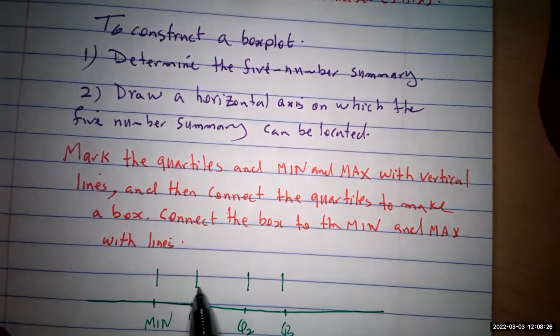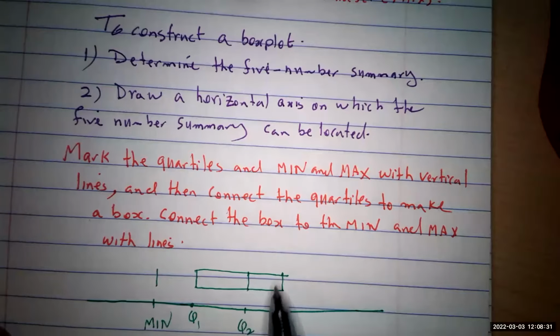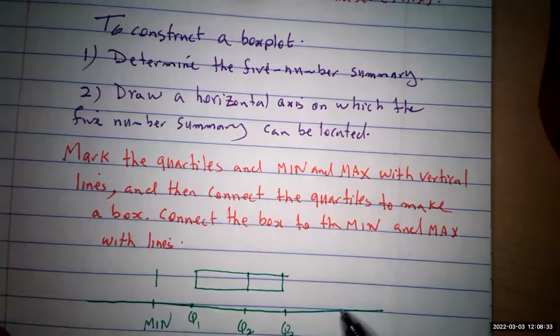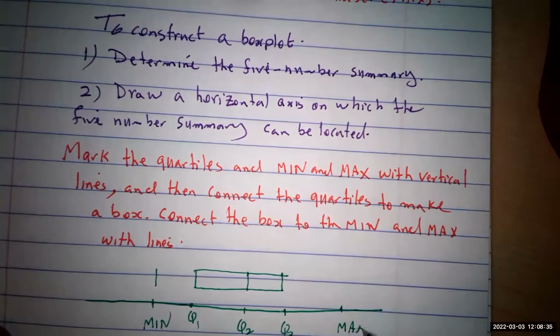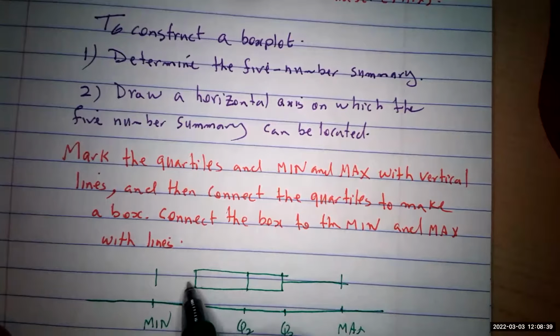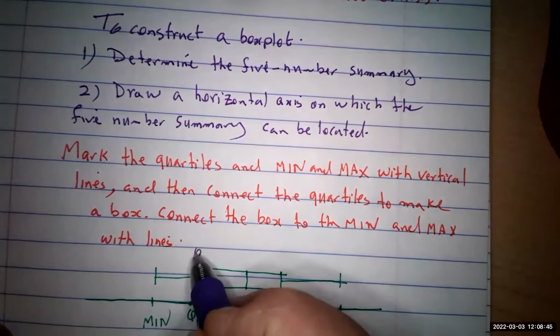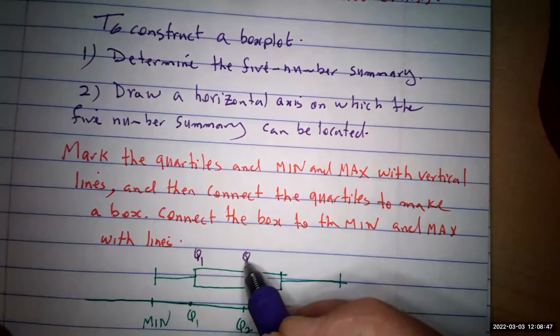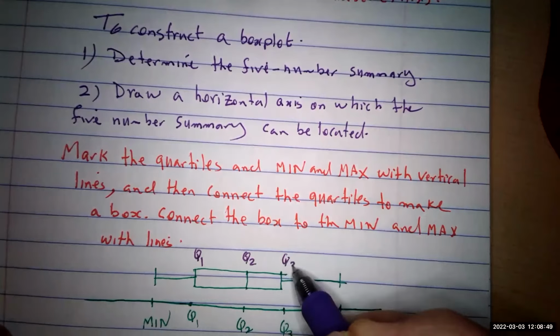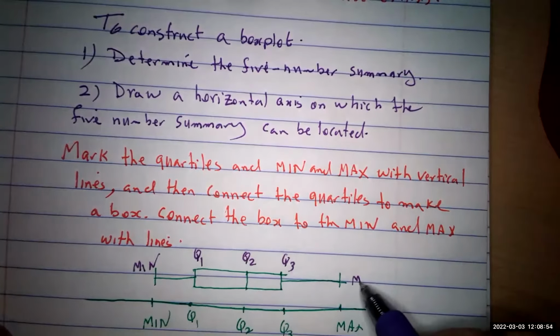So you are going to get the box by connecting these Q's together. And this is going to be your maximum. So you connect the box to the max and the min. There you are. So this would represent Q1, Q2, and Q3. And this is the min, and this is the max.